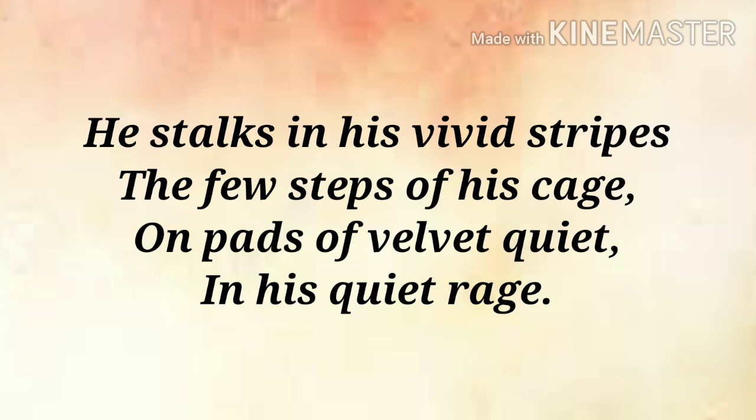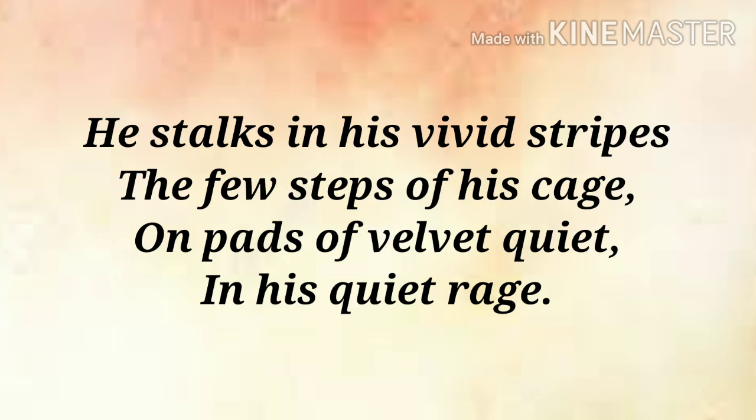He says it moves up and down in its cage, and the strips on its body seem very clear because they are in bright orange and yellow colors. Then he says the few steps of his cage.